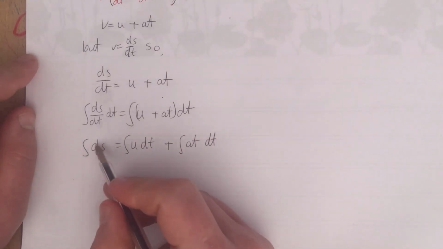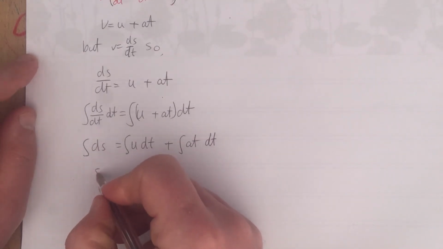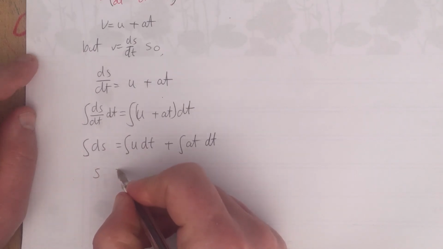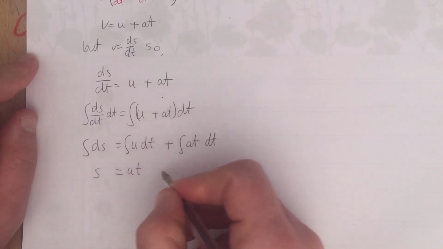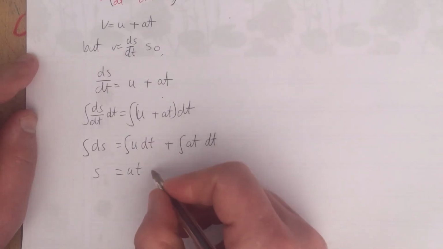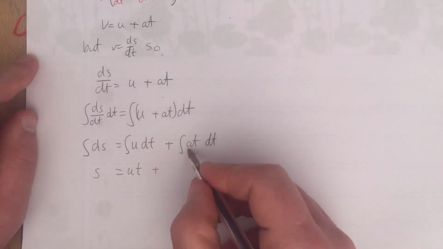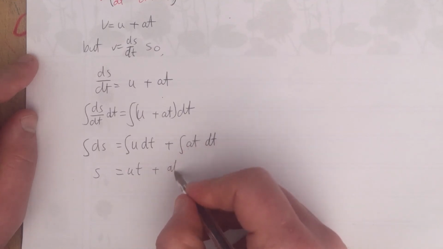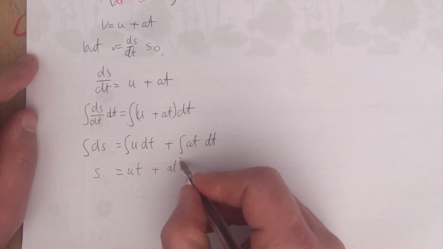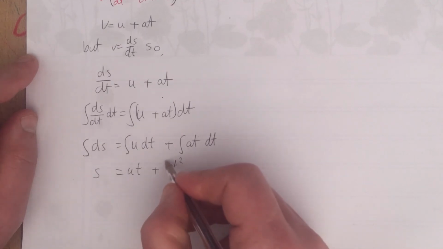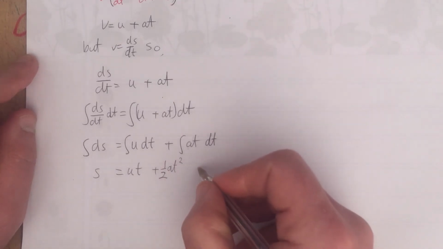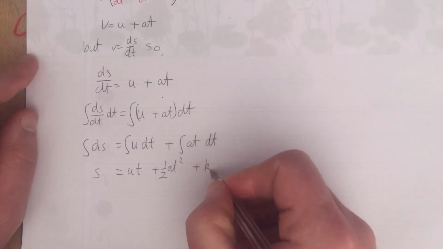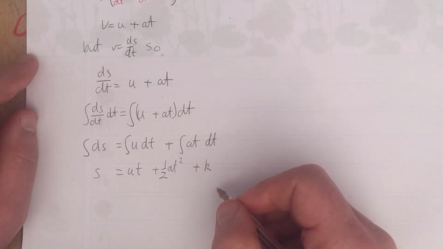So the integral of the left-hand side is going to be s, and the integral of this is ut plus a constant, but we'll leave the constant for the moment, plus, the t goes to t squared and we divide by the index, so it's a half at squared. But we do have to add the constant in, because we've got a constant of integration here.